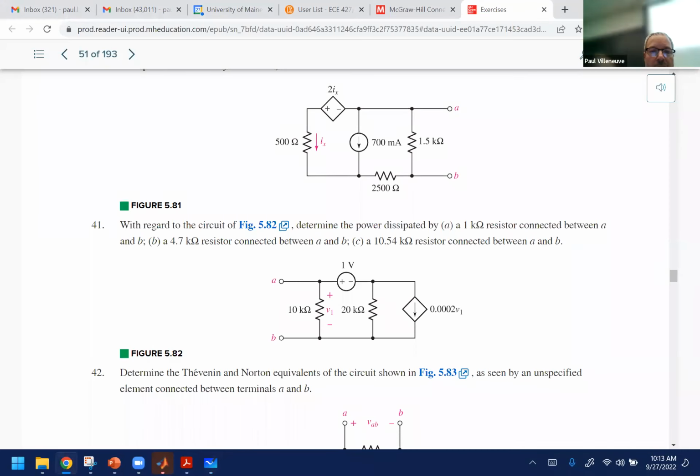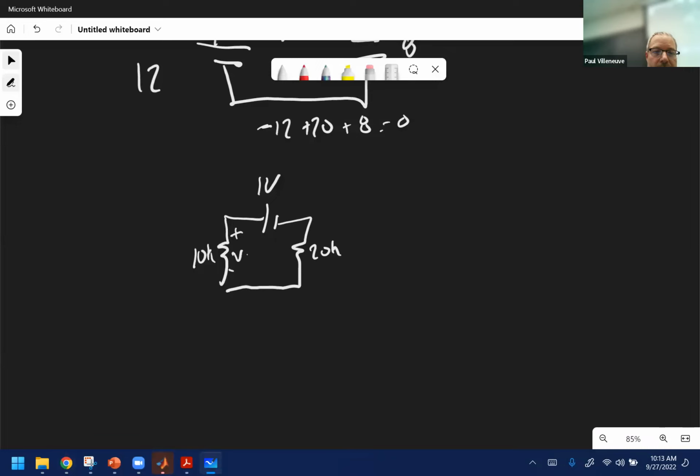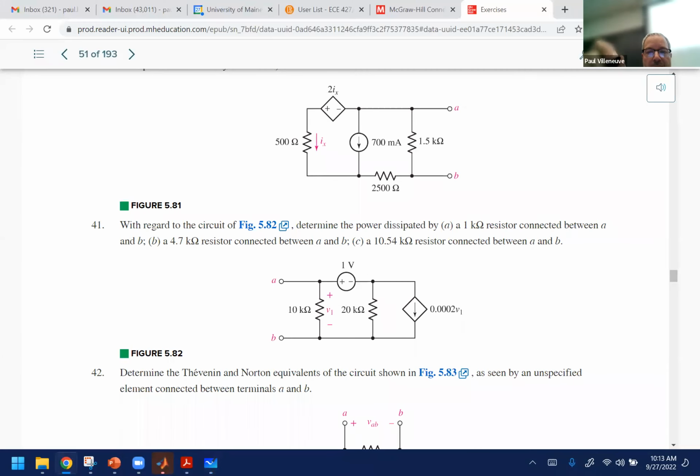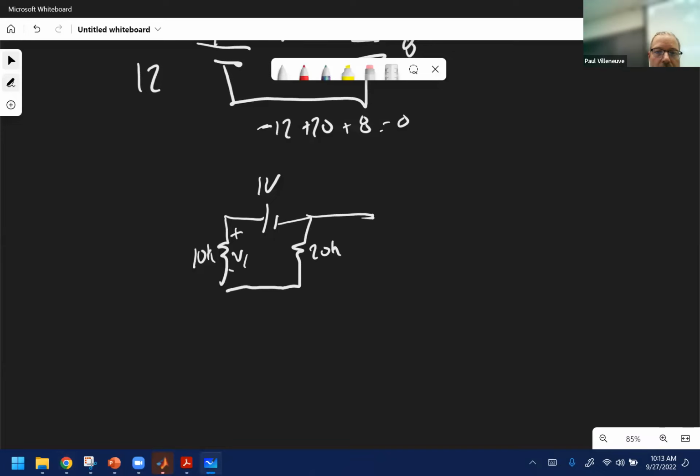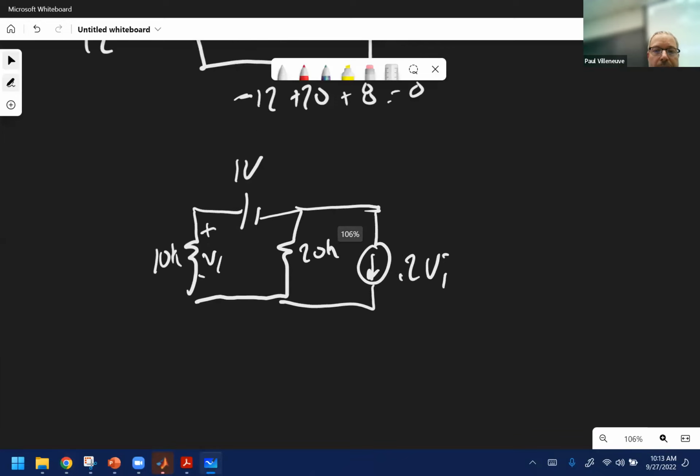This is V1. And then we have a current source, which is 0.2 times V1. 0.2 milli times V1.